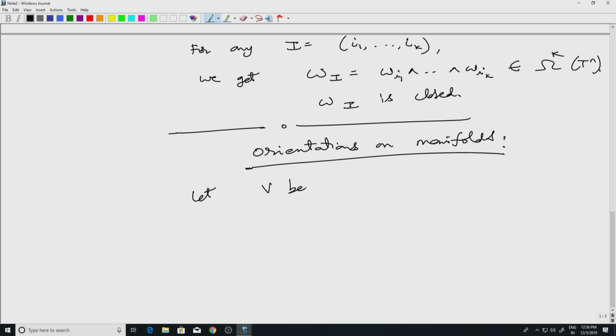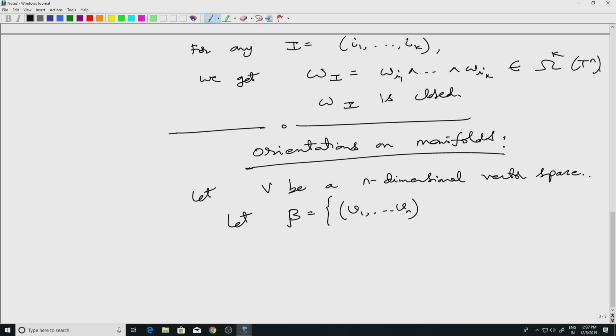Let V be an n-dimensional vector space. Now let beta be the set of all n-tuples (v1, v2, ..., vn).